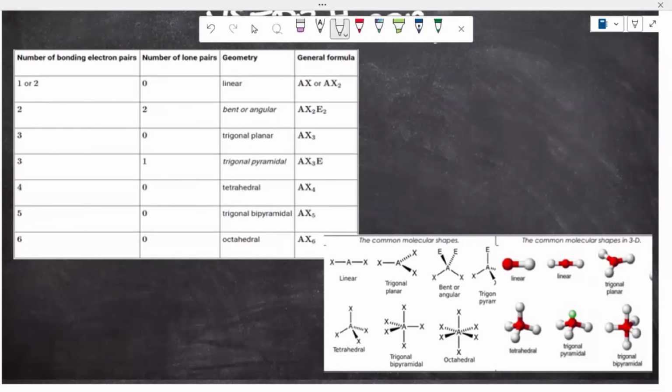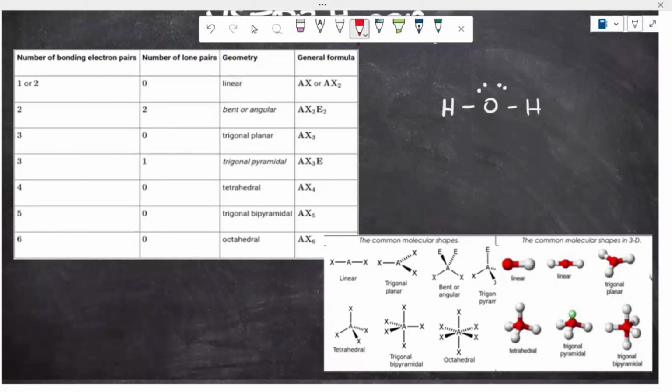So if we take water, for example, water could very easily look like this. It could be linear, right? If we didn't have those lone pairs. But now that we have those lone pairs present, this is almost too close, so there's going to be a force of repulsion, because if you think back to electrostatics, like charges are going to repel each other, right?